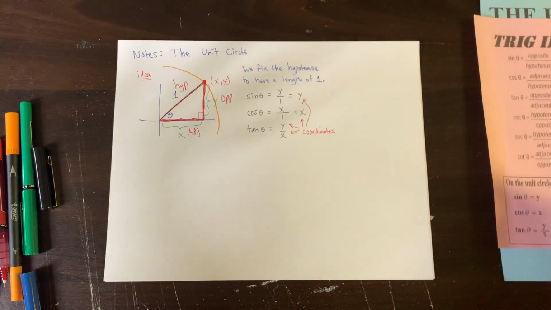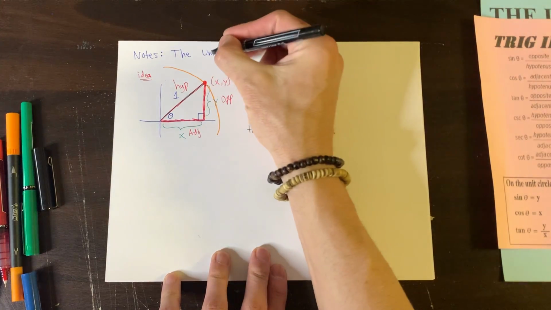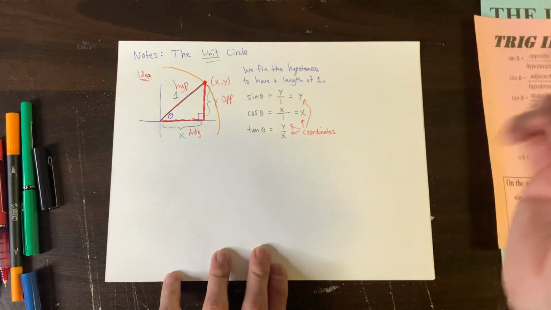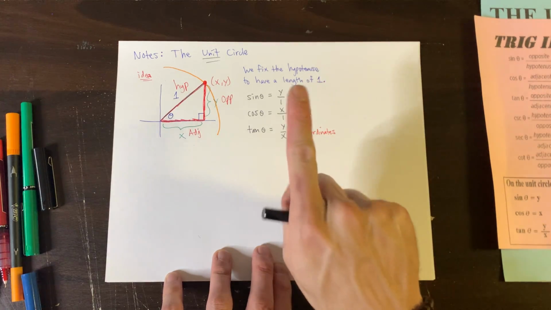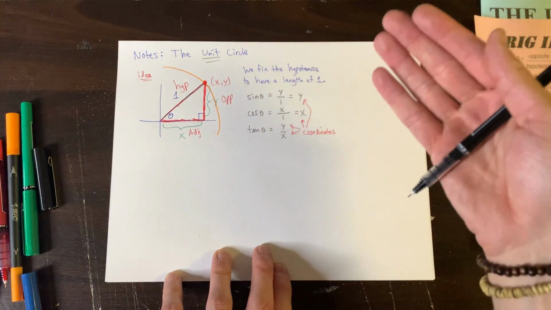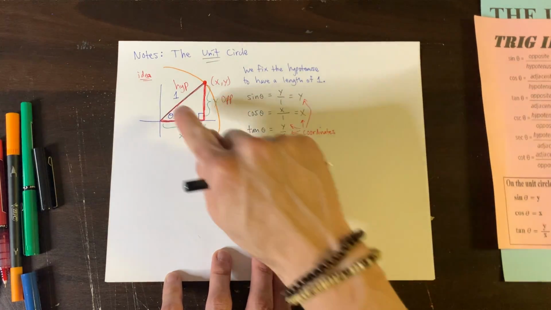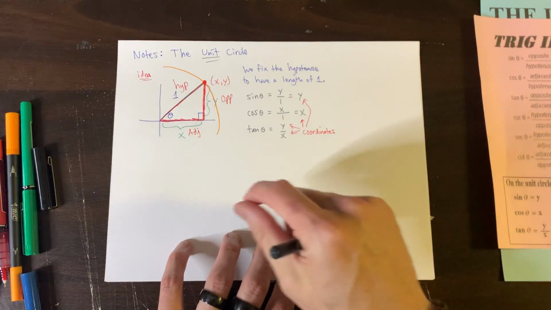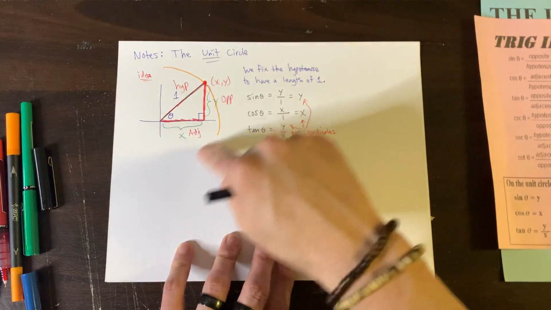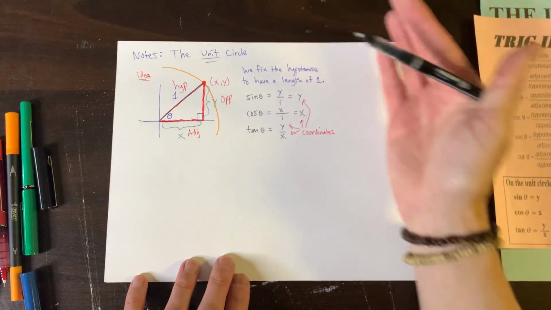You've heard of that word before. And the radius has a length of 1. Now, in any math class, in any classroom in the world, the word unit means 1. And that's why it's very appropriate to call this circle the unit circle, because the radius is 1. It's a circle with the radius of 1 that goes around the middle and that has all these properties. So this is just a general idea.